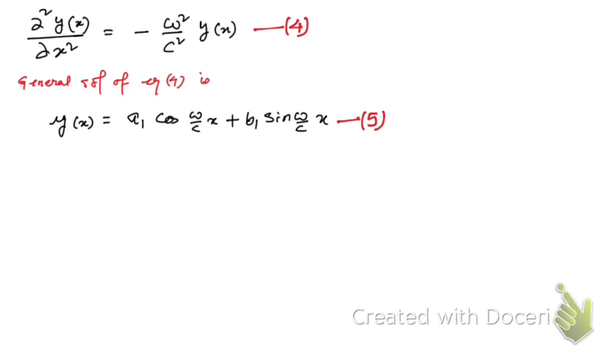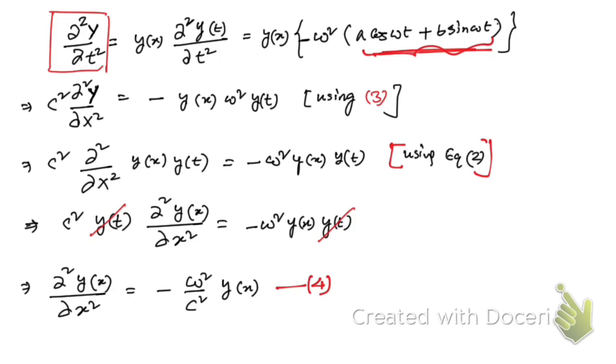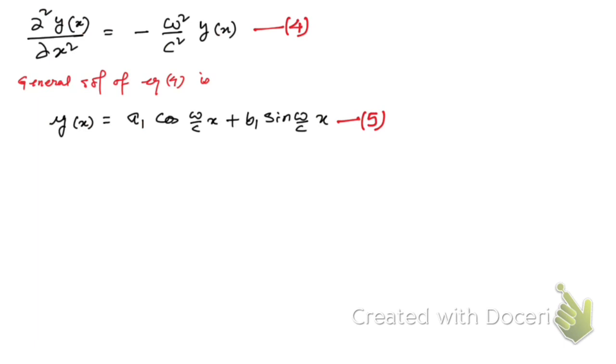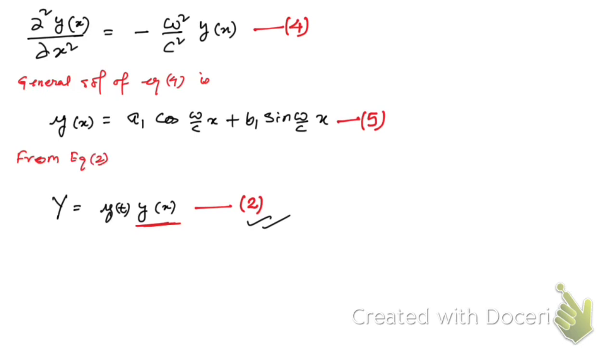Now you see from equation number 2, this one, let me copy this equation. From this equation number 2, what we can write, this y of x can be written here, and y of t we have already considered that a cos omega t plus b sin omega t. We can put those, right?